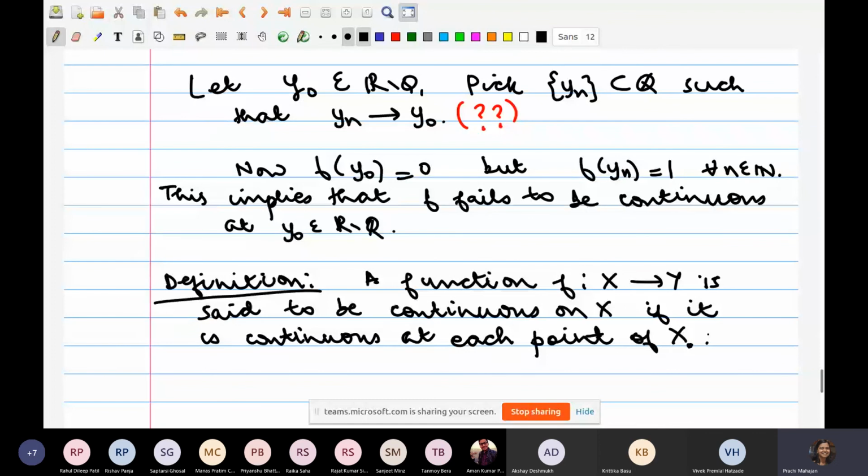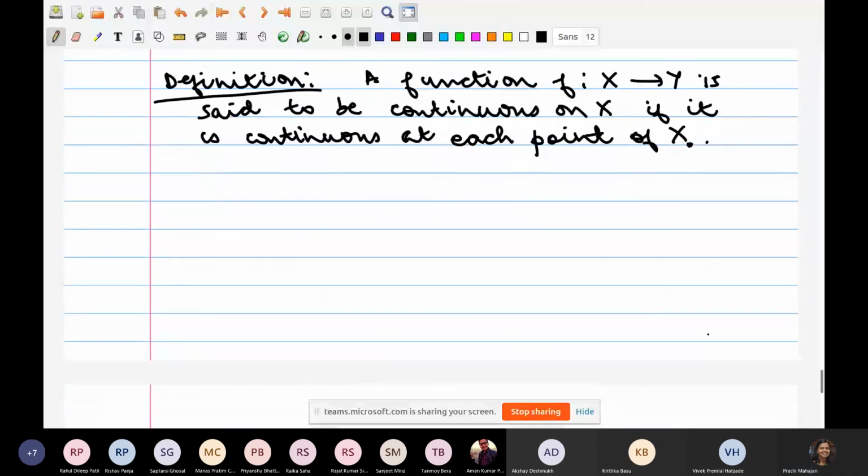So the previous theorem said that f from X to Y is continuous if and only if f of an converges to f of p for every sequence an in X converging to p. This might be too much to absorb orally, so let me at least draw a picture.